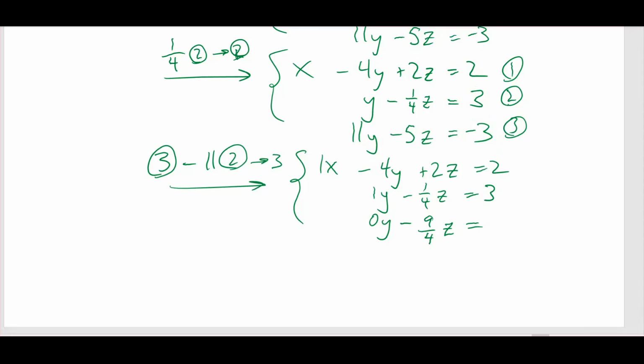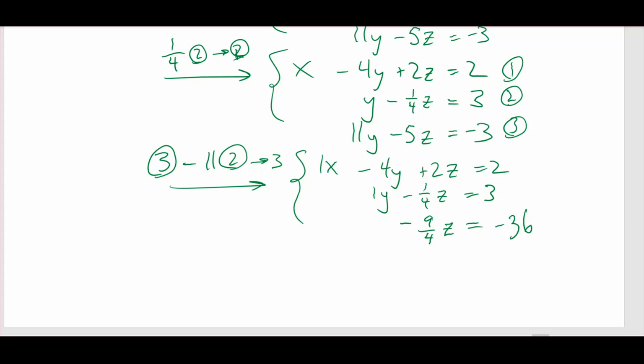So we've got -3 minus 33, which would be -36. Okay, so at this point, we've got a 1 in this position, a 1 in this position, and nothing below, and nothing below.